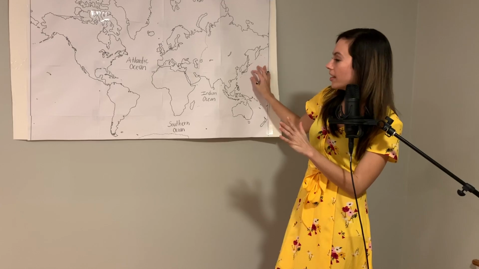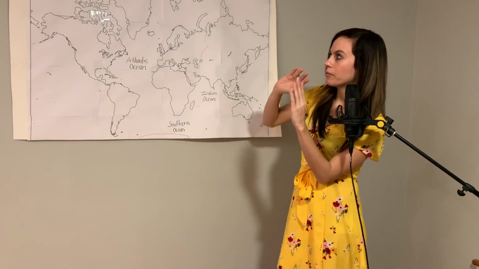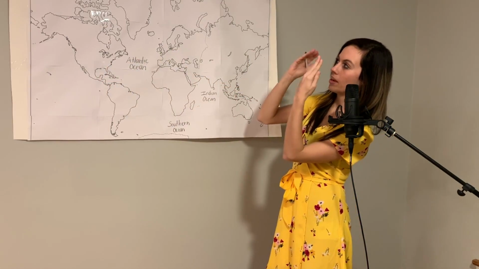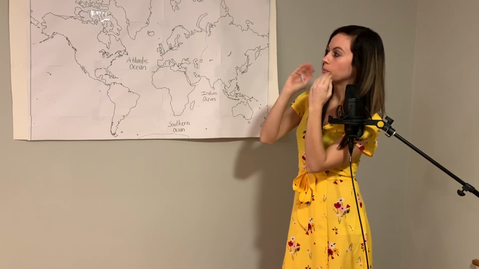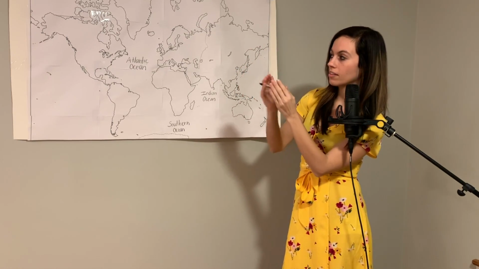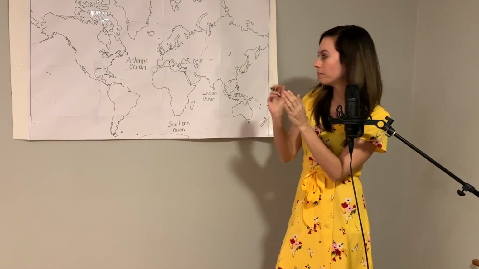So I'm going to write it on both sides because if I were to make this map into a globe or a sphere, like the shape of the Earth, both of these would connect and they would be one ocean.